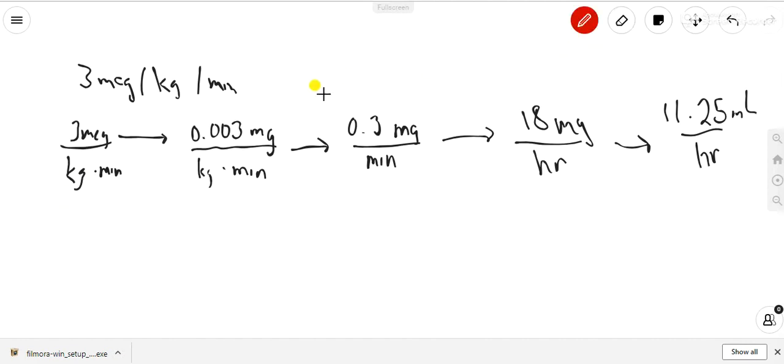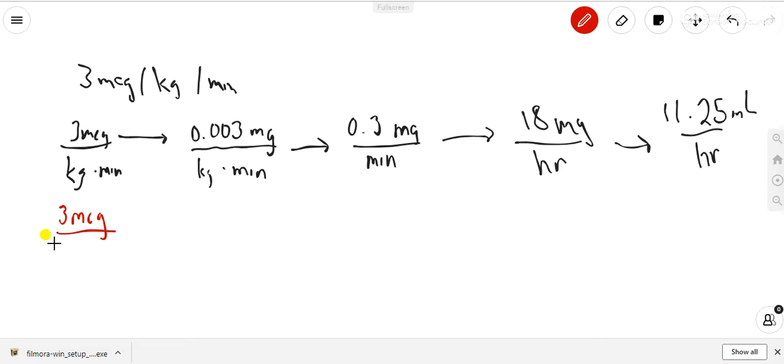I'm going to leave what we did on the last problem on the board so you can look at the previous video, where we worked it with ratio and proportion. This time we will do dimensional analysis. The main thing we need to realize is that we need to multiply the given rate.